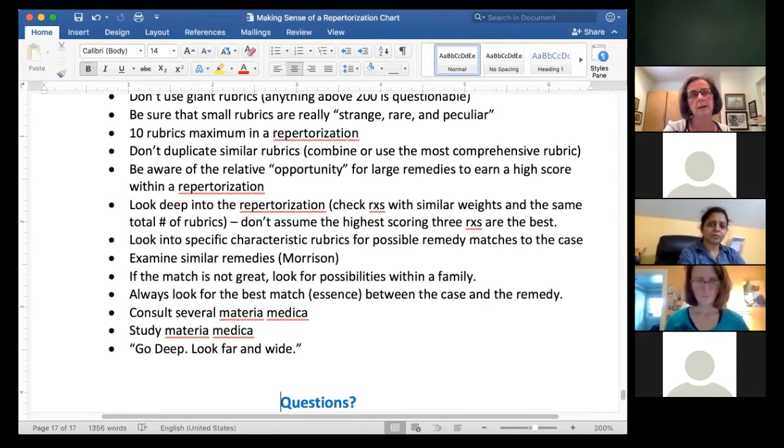And that's why somebody decides it should go in mind, and somebody decides it should go in generals, or somebody decides it should go in sleep. And so we have different rubrics. That makes so much sense.